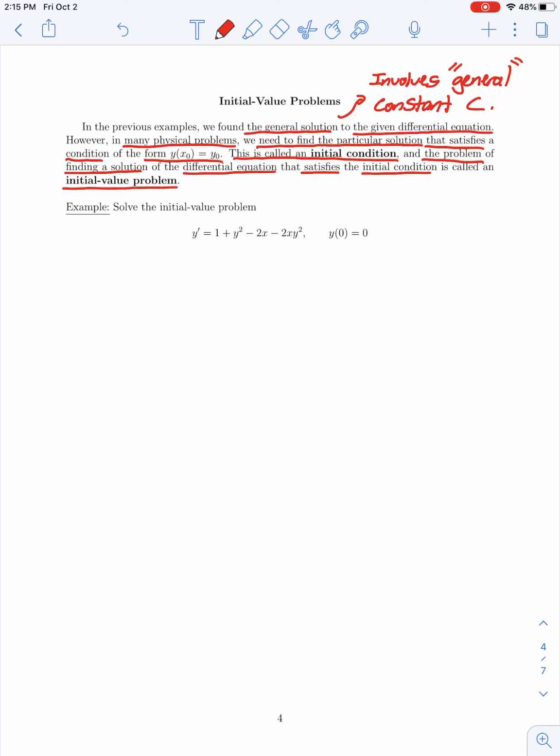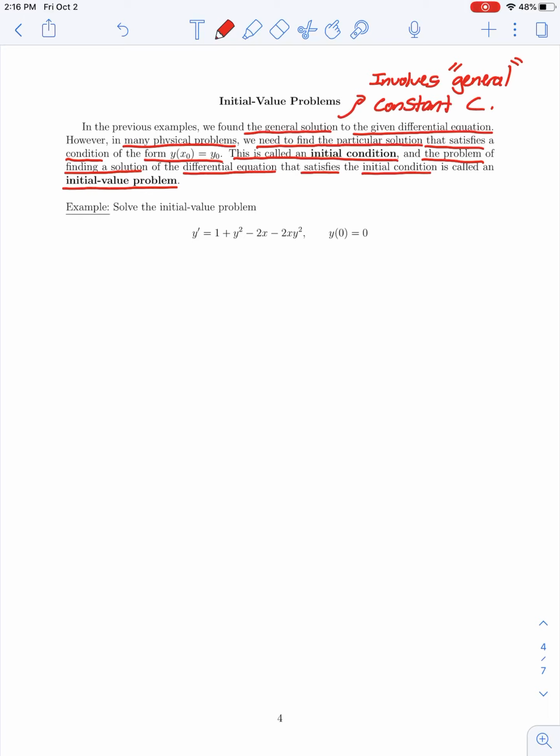So a little summary here, some terminology that we're introducing. We would say that a general solution of a differential equation is a solution which depends on a general constant C or an arbitrary constant. And if we are looking for a solution of a differential equation that satisfies some initial condition, which would be a condition of the form y of x naught is equal to y naught, so let's say we know the value of our function y at some particular x value, then we can find what's called a particular solution of the differential equation that satisfies our initial condition.